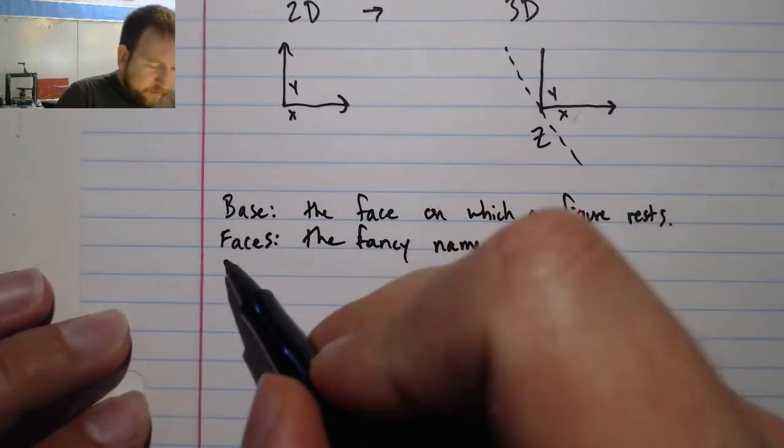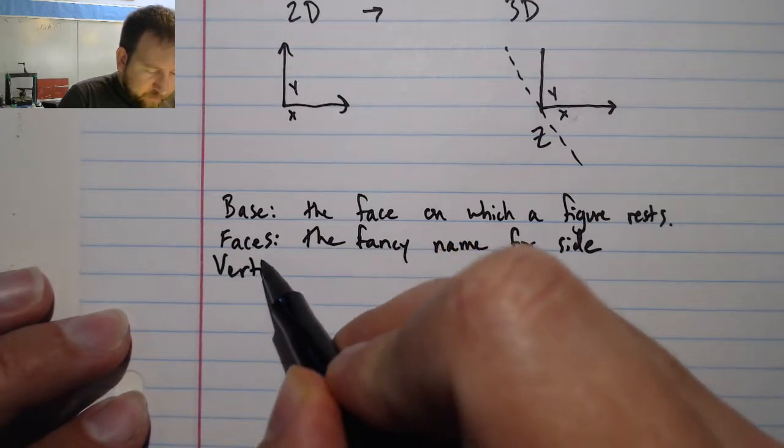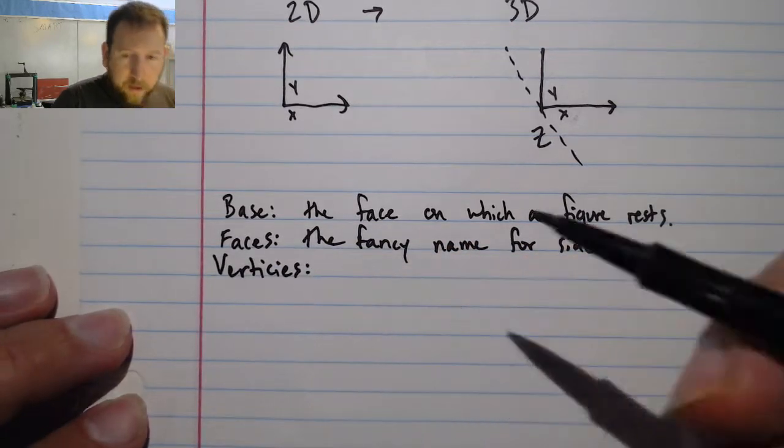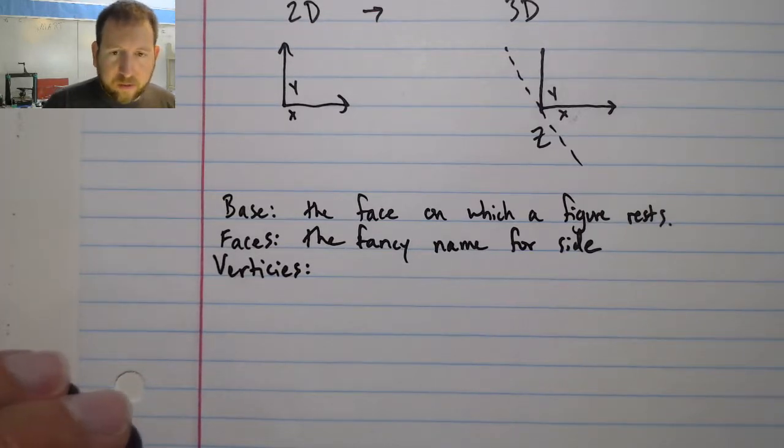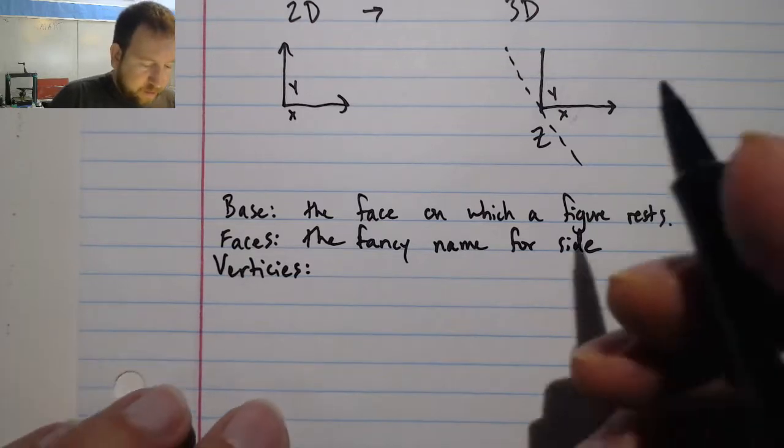We also have vertices. And vertices in this case are a corner that's formed where ends of line segments meet.